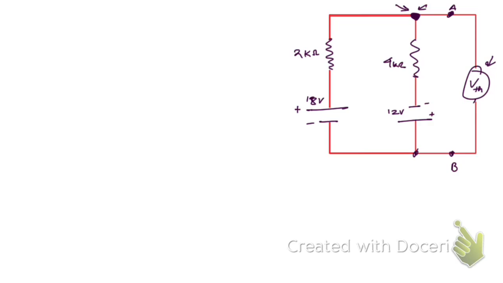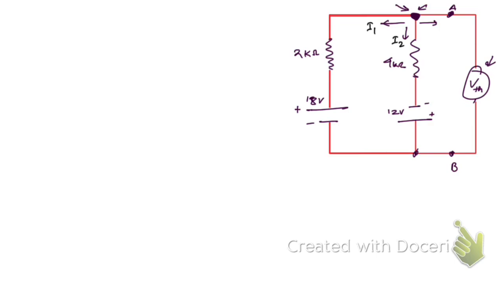First let me take a distribution of current in this direction, in this direction, in that direction, and this is suppose I1, this is suppose I2, and this is suppose I3. Okay, so here you see, along this path we have no battery sources, so if we ignore this I3, that's gonna be fine.